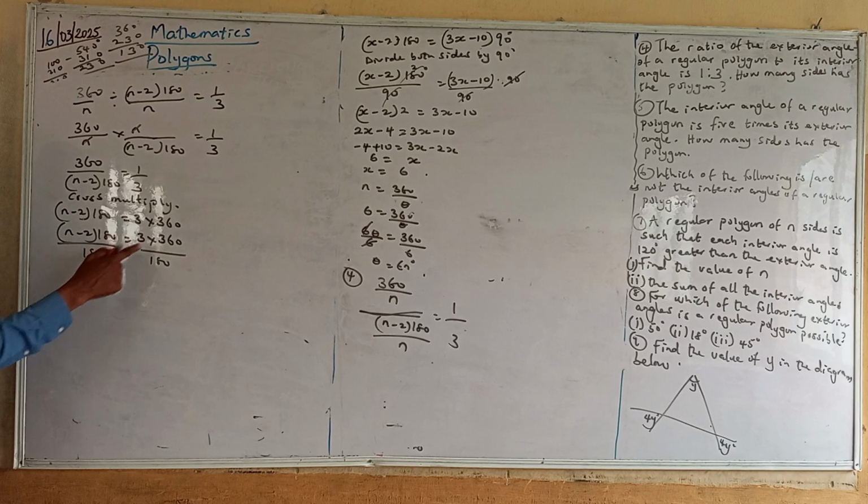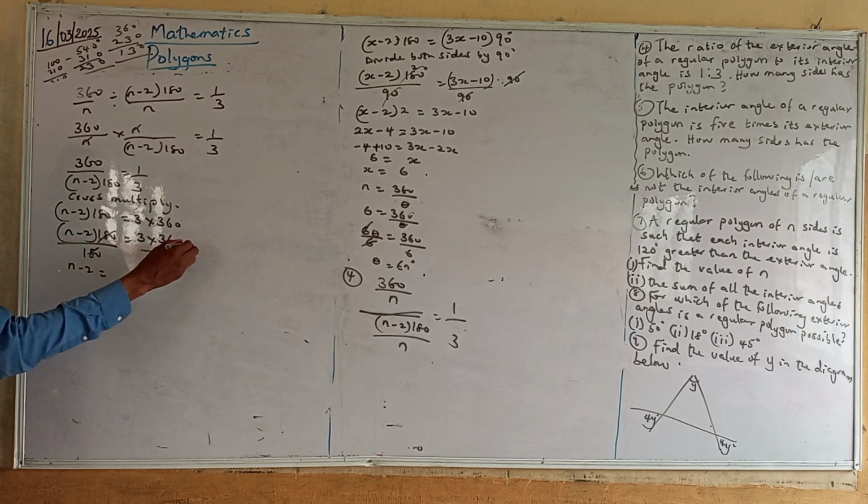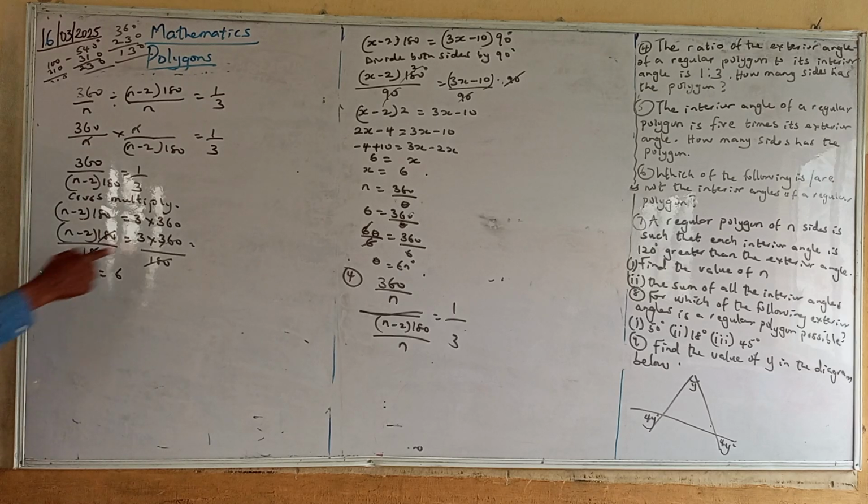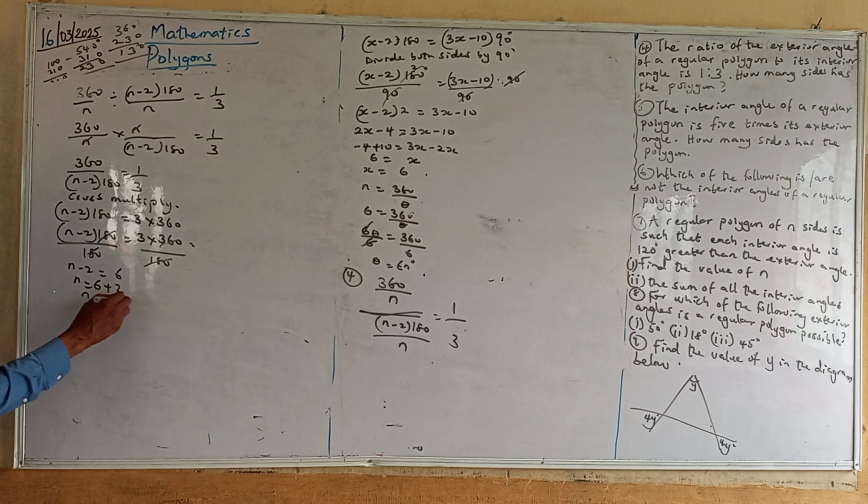I can do it straight since I have multiplication here. So n minus 2 equals 6, since 2 times 3 is 6. So n will now be 6 plus 2, n will now be 8. So the number of sides is 8, so the polygon is an octagon.